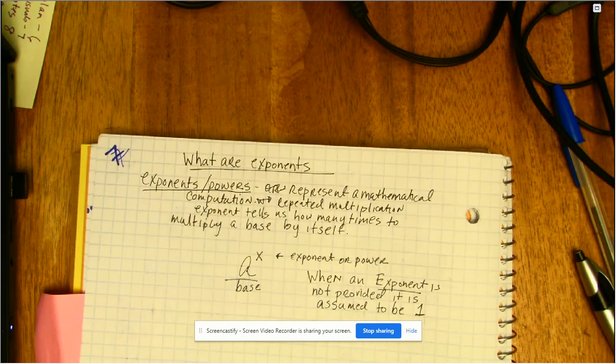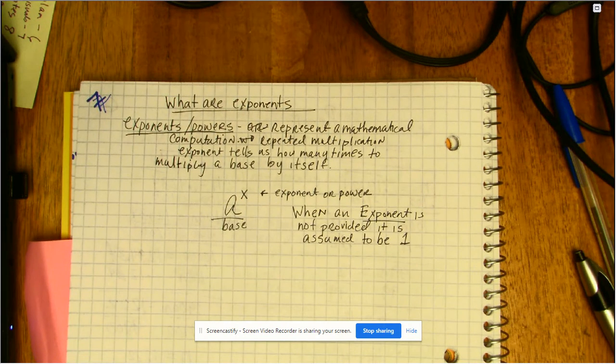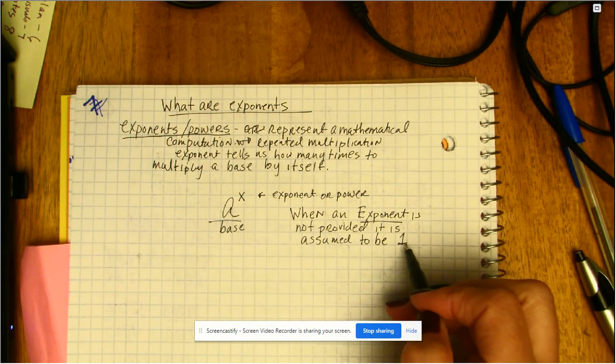And that might sound weird that it's 1, but here's the thing: we talked about the other day that when we talk about additive inverses, our goal is to get something to 0. Because when you add or subtract 0, it doesn't affect the value of your situation. Well, with multiplication, if we multiply by 0, that would affect the expression. So here, our goal is to multiply by 1, because when you multiply or divide something by 1, it doesn't affect it, right? So that's why this isn't 0, it's 1.